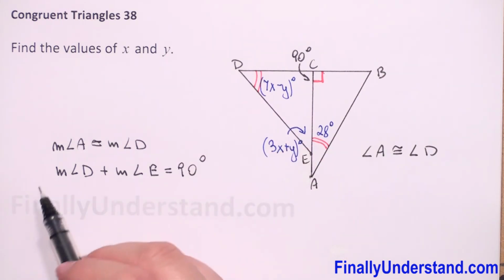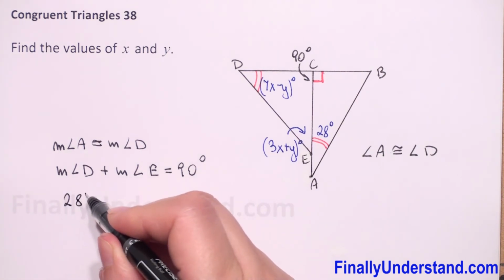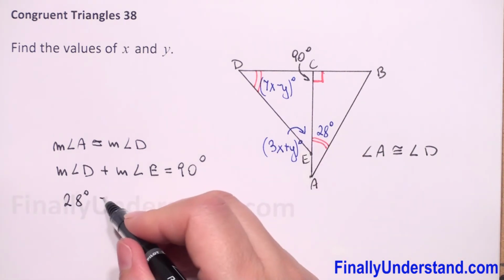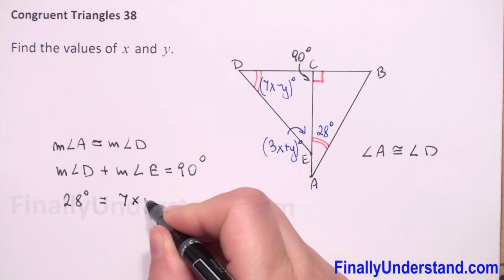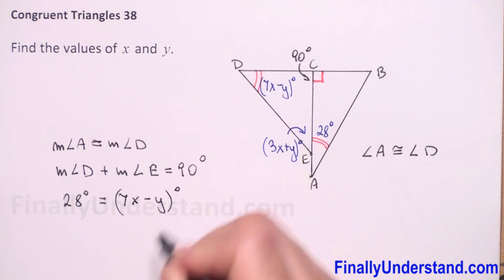So now we can substitute. Measure of angle A is 28 degrees, which is equal to measure of angle D, so this is 7x minus y degrees.